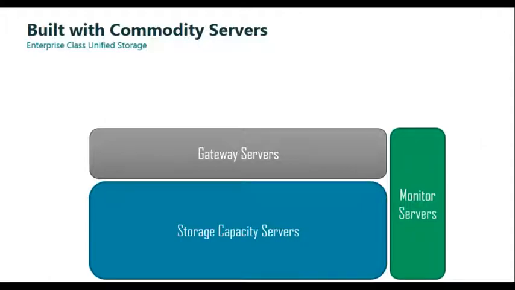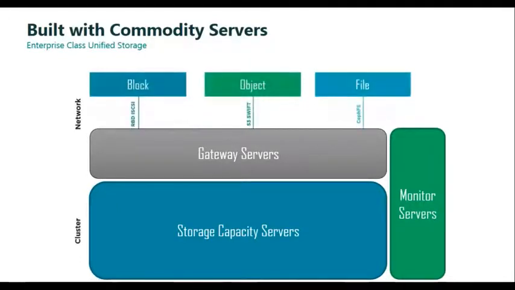Gateway servers then convert that into the internal protocols and push that IO request onto storage capacity servers, fetch that data and give it to the hosts. So gateway servers are the ones on which you would be deploying your block, file, and object protocols as services.